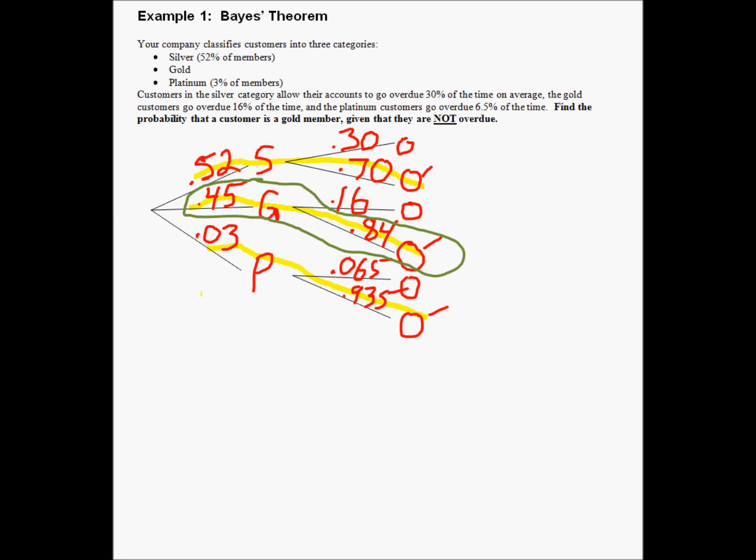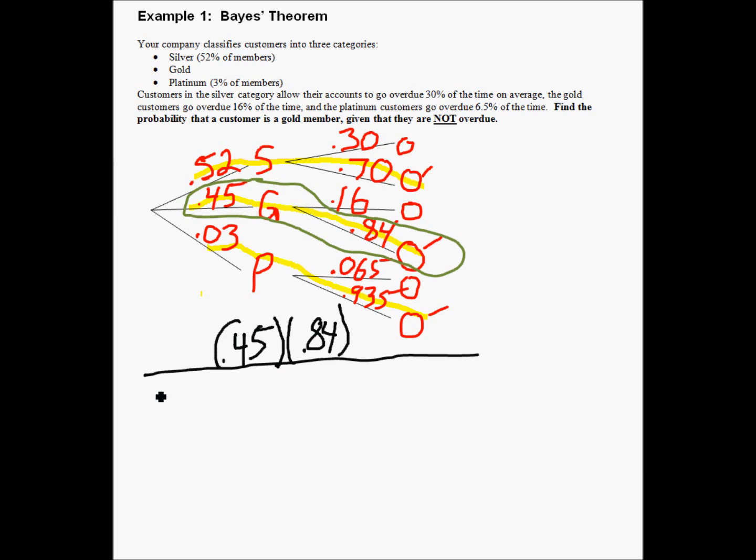So then let's just go ahead and write down that fraction that will give us our answer. It's going to be a big fraction here, so I'm going to make a big long division bar. The numerator is going to be the gold, so 0.45 times 0.84.